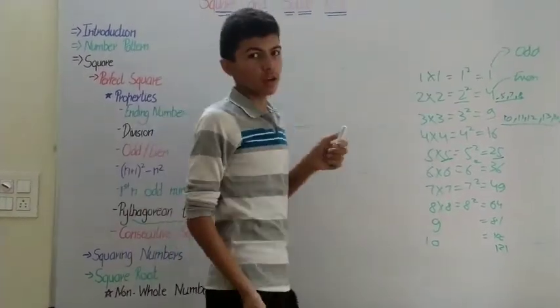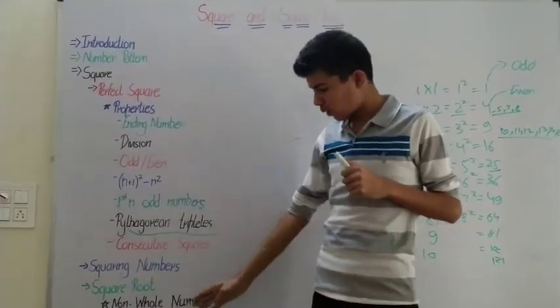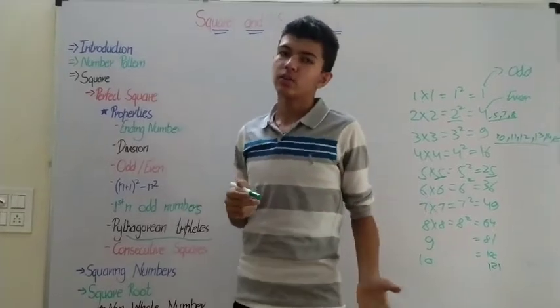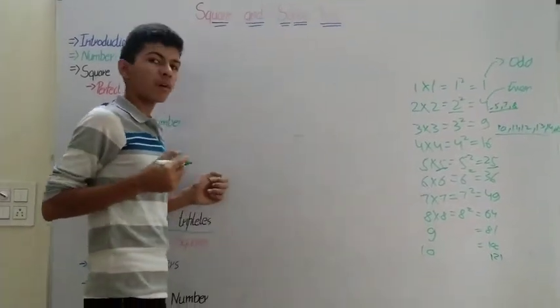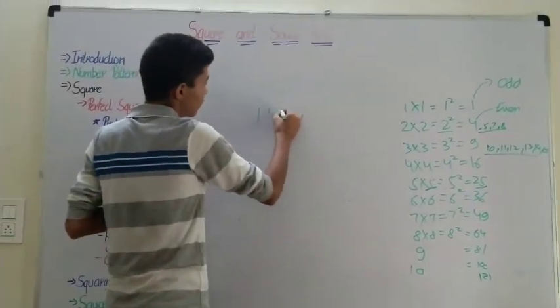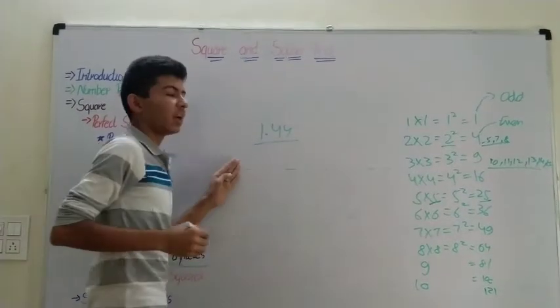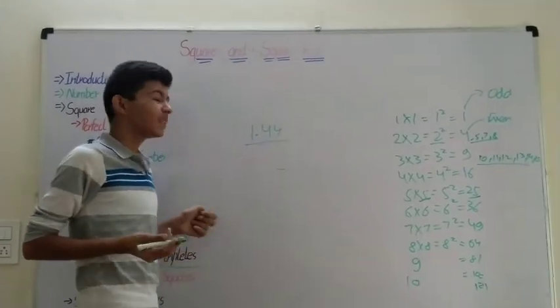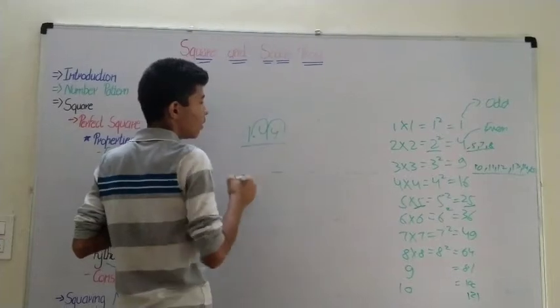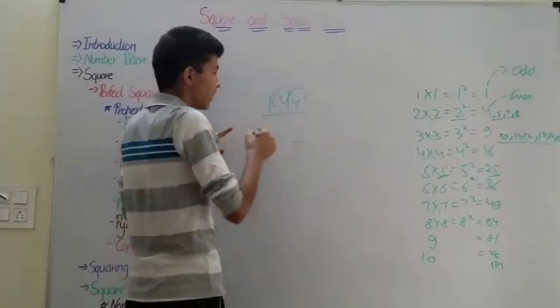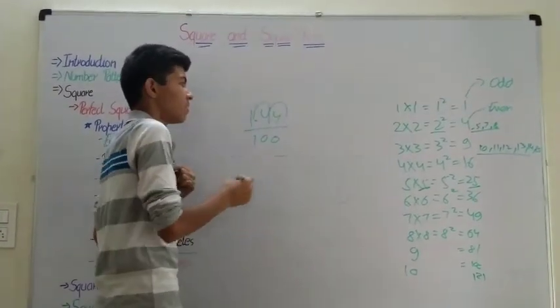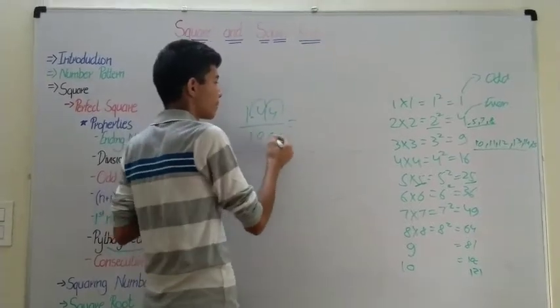So what happens if a non-whole number is given? Let's take a scenario of decimals, that is 1.44 is given. We have to find out the square root of that. What you can simply do is take this number out, and we have these 2 zeros present here.